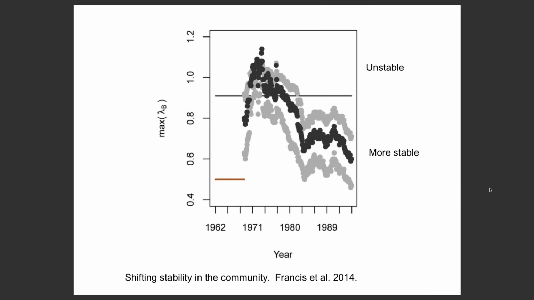Above 1 would be unstable, and as this gets smaller, it's more stable. And what we see is that right after the sewage is turned off around here, the system goes through a period of being very unstable. And then as the Daphnia come in and increase in abundance, the system becomes more stable.